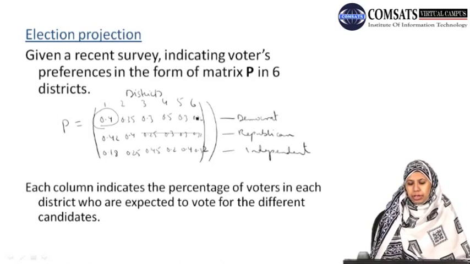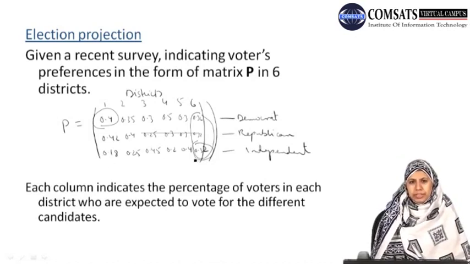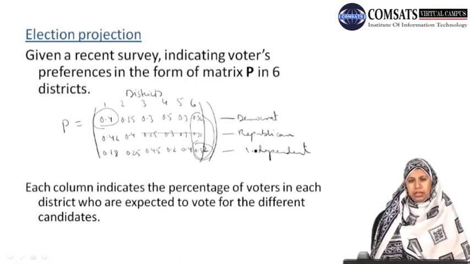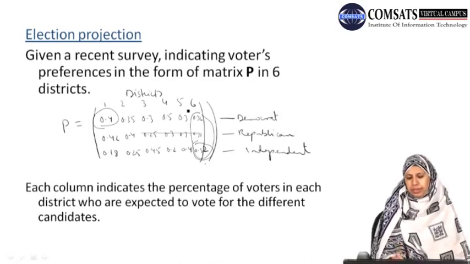In District 2, 35% of voters are expected to vote for the Democratic candidate. For example, if we look at our column 6 and third row, this entry tells us that 32% of voters from District 6 are expected to vote for the Independent candidate. So the entries in the rows are telling us about the percentage for the respective candidates, and the entries in the columns are telling us about the percentage of the expected voters from the different districts.